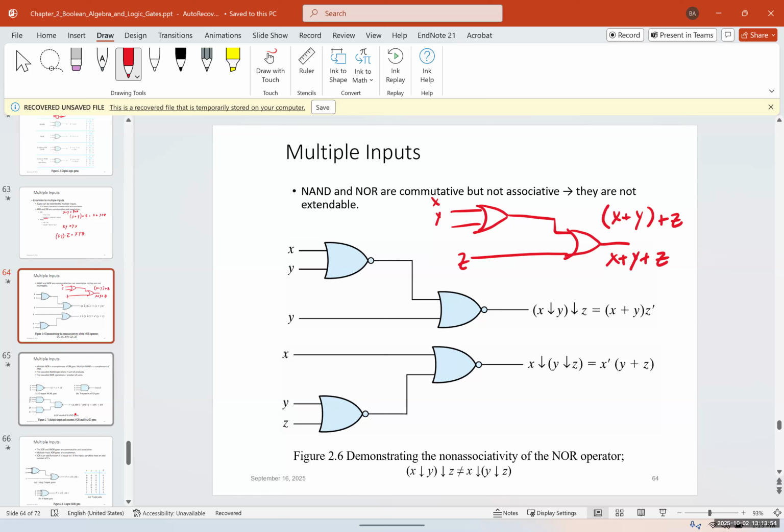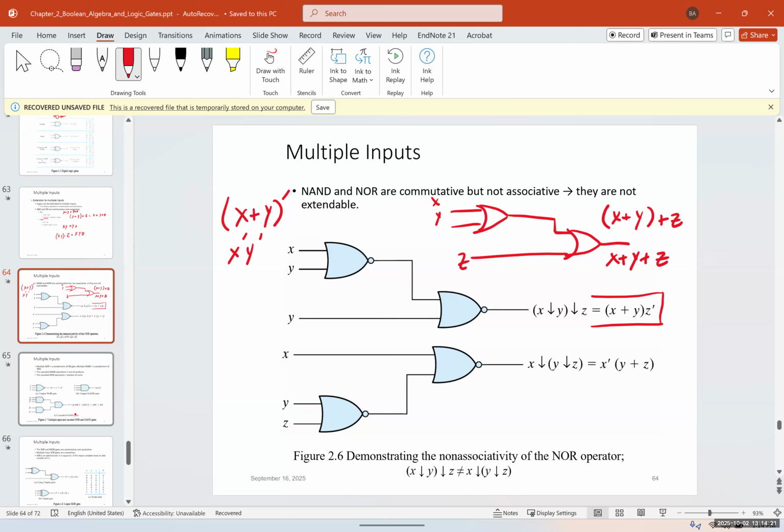We can say X is NOR with Y, and it's NOR with Z. And when we use the commutative law, the final answer would be X OR with Y and with Z prime. How did we get this? As you know, (X+Y)' is X'Y' using De Morgan's law.